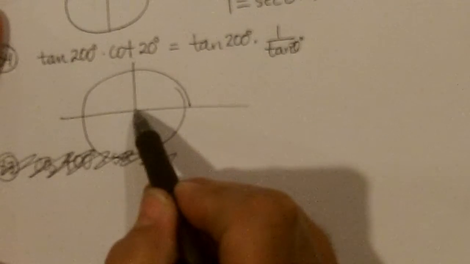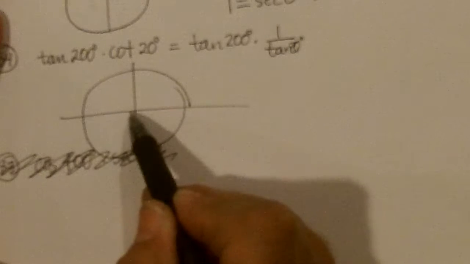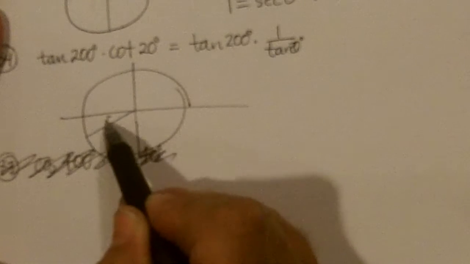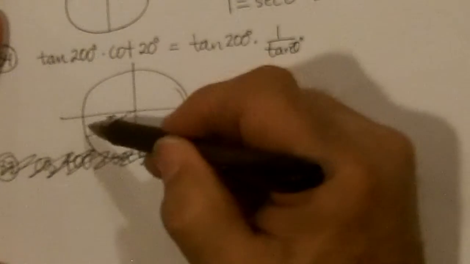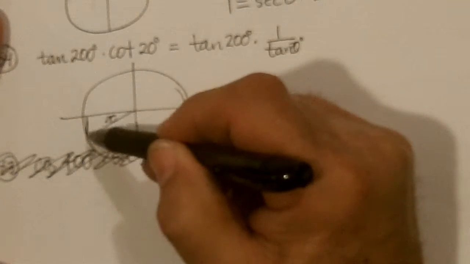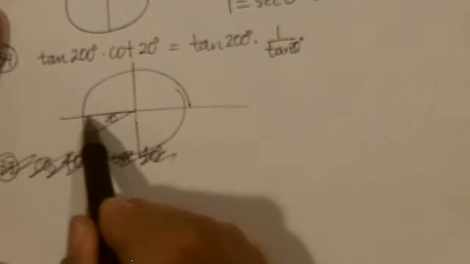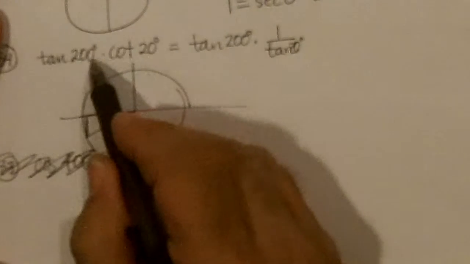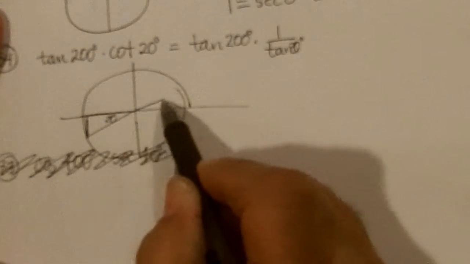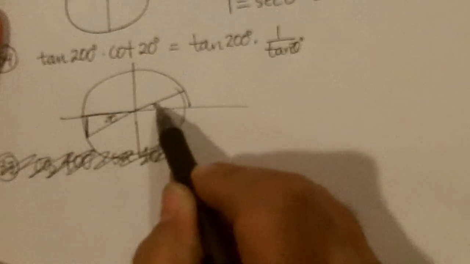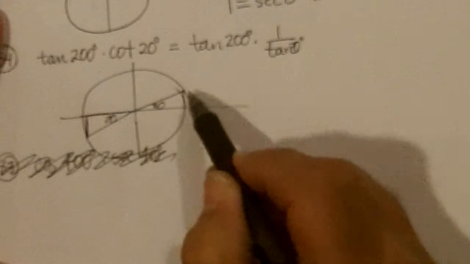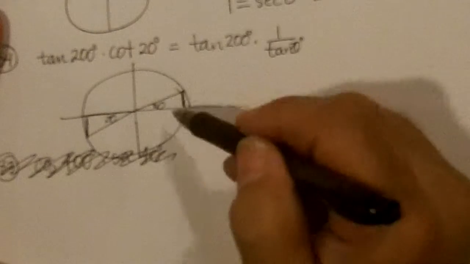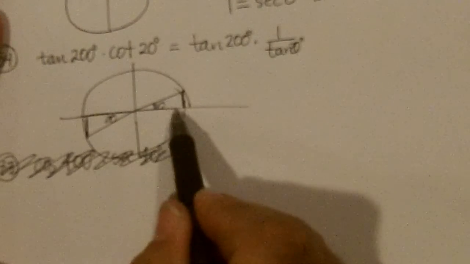200 degrees would be, here's 180, so it'd be 20 degrees below. And the tangent would be this side divided by this side. And 20 degrees would be over here, and the tangent would be the sine over the cosine.